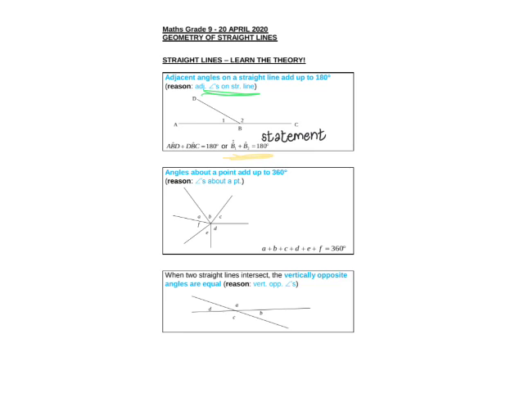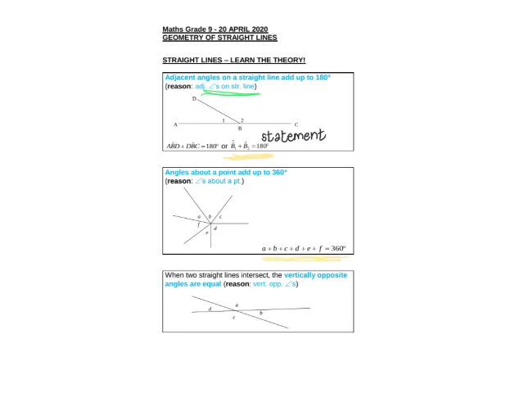Then the next one is angles about a point add up to 360 degrees. In other words, once again, they come from the same point, so we can label this O or whatever we like, but then A, B, C, D, E, F all come from this same center point, and together they add up to 360 degrees. Your statement will look something like this.